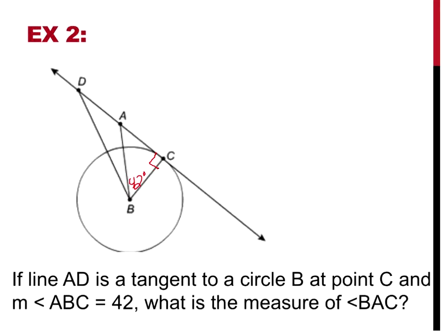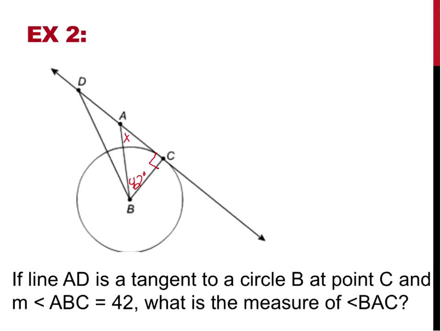So far so good. What's the measure of BAC? Which one are they asking me for? BAC. They're asking me for up here, for that little corner A. I'm going to put an X in there. That's the one I don't know. When we know 2 angles in a triangle, don't we know the third? Yes.